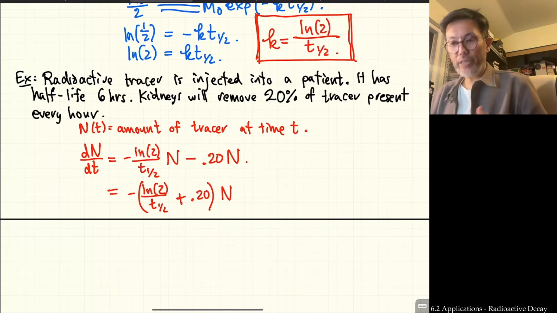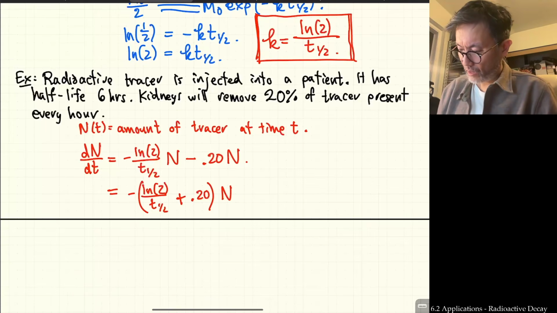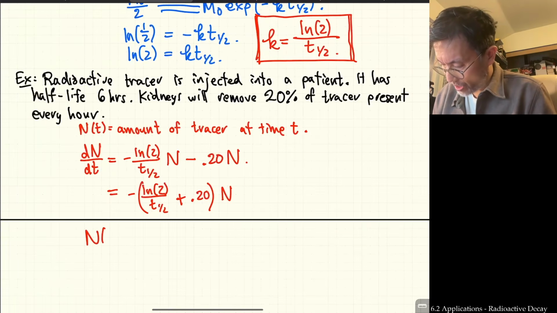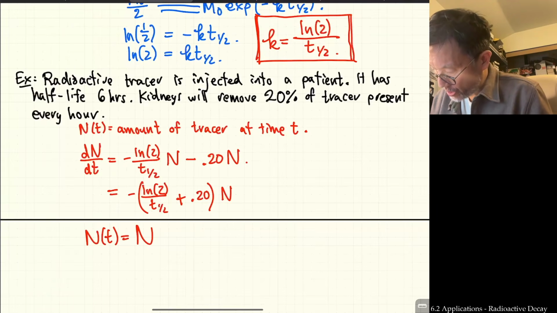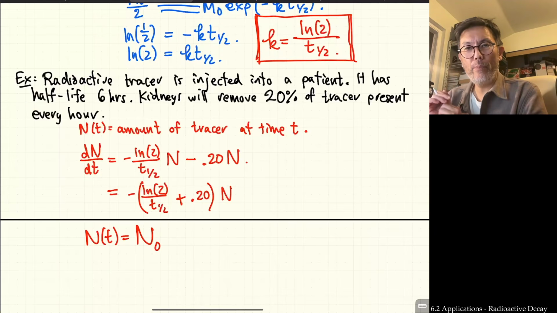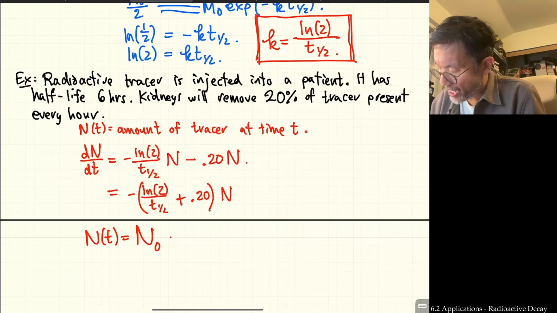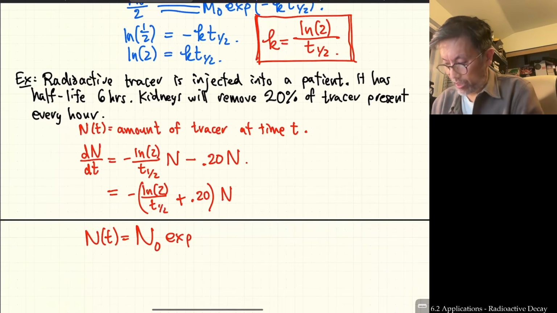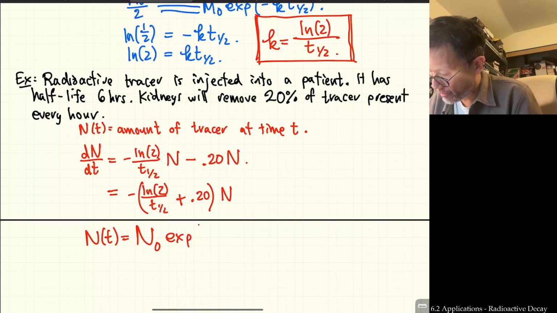Okay, well, we can easily solve this. This is going to be given by the equation N of T is equal to the initial amount present, the initial amount that was injected into the patient, times a decaying exponential, exp of this new k that we have here, exp of negative natural log of 2 over the half-life, whatever that is.